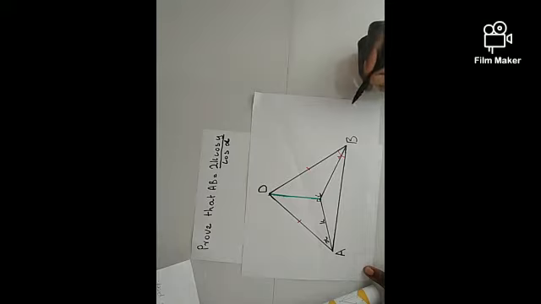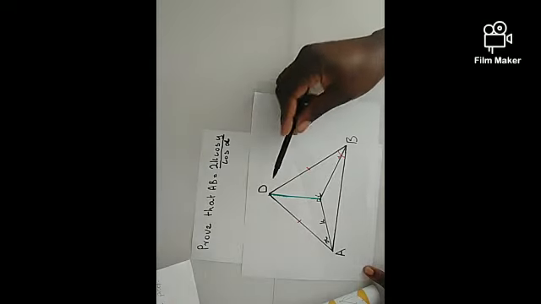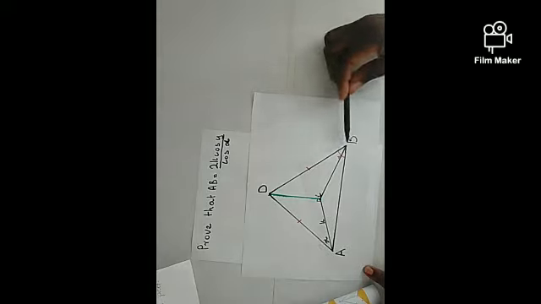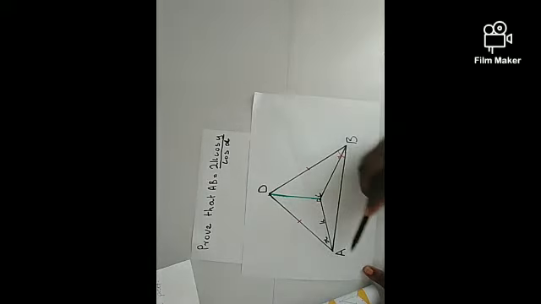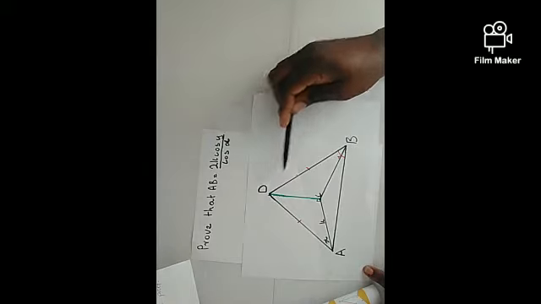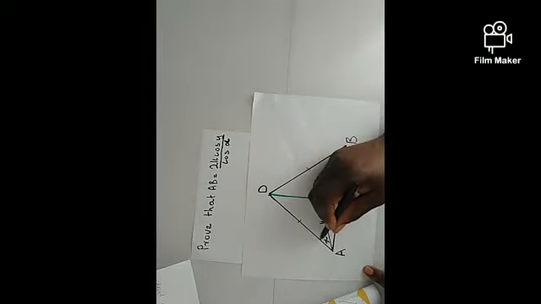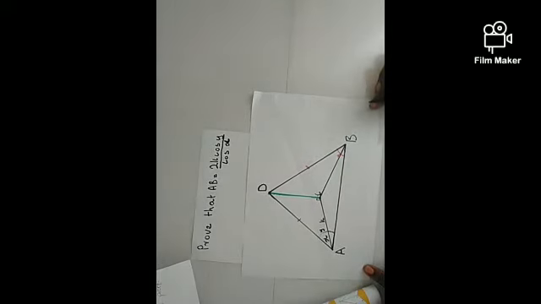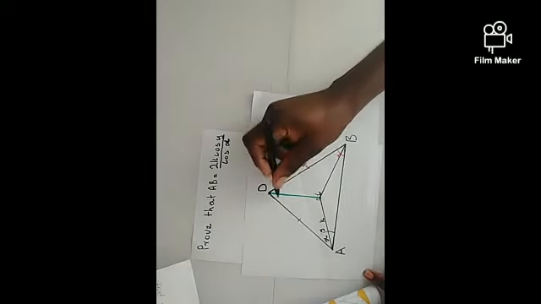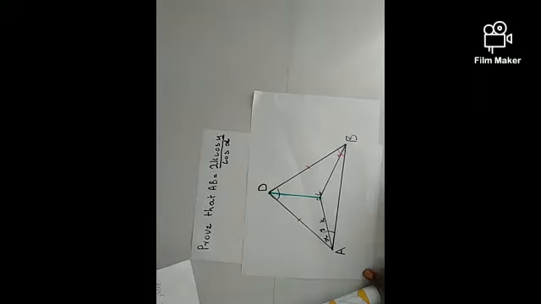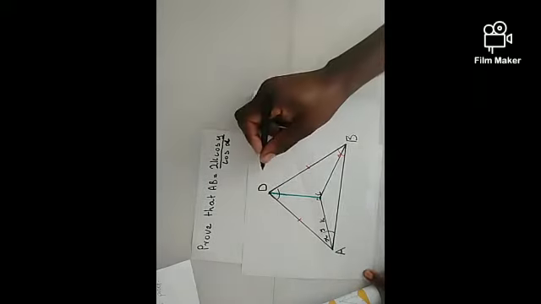So using geometry, since DA equals DB, therefore angle DAB equals angle DBA. Therefore this angle is also equal to Y. Reason being, angles opposite equal sides.